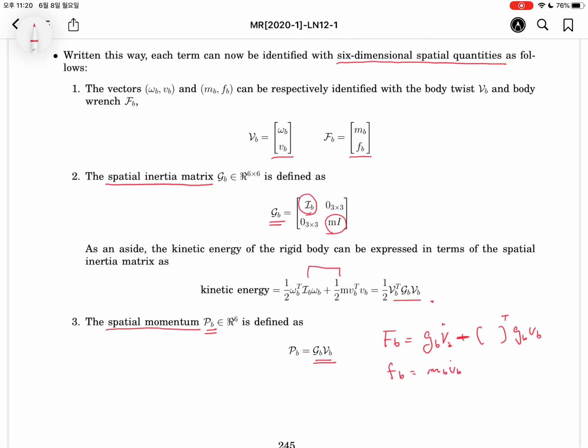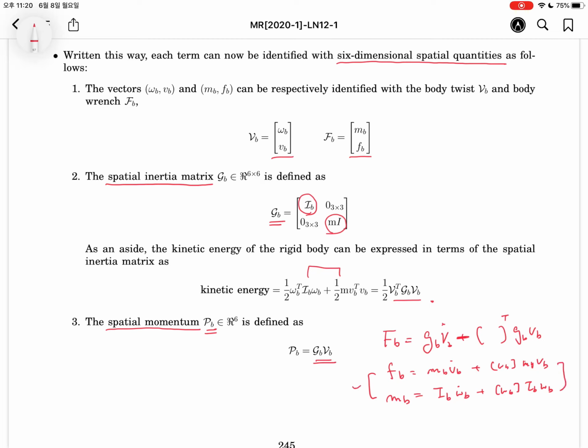M_B, V_B dot, omega_B cross M_B, V_B. On the other hand, the angular rotational dynamics is the I_B, omega_B dot plus omega_B, I_B, omega_B. Do you remember these two equations?